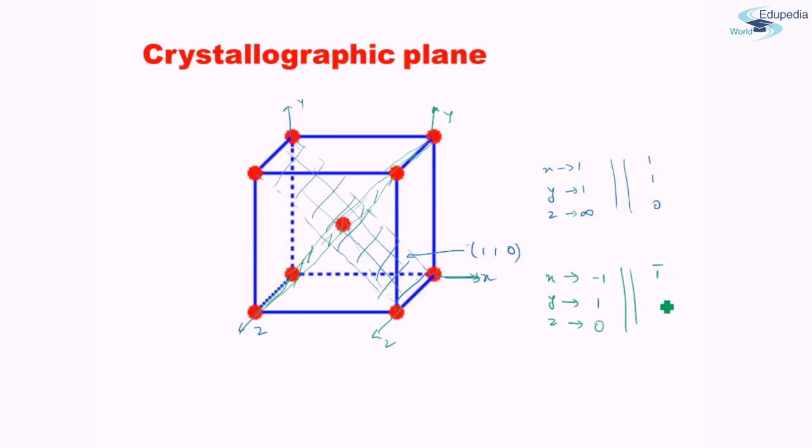Again bar 1, 1, 0. So this plane which we have got here is bar 1, 1, 0. So basically what you can see is that the close packed planes for a body-centered cubic system are the family of planes 1, 1, 0. This includes 1, 1, 0, 1 bar 1, 0, 1, 0, 1, all those kinds of planes. Okay.